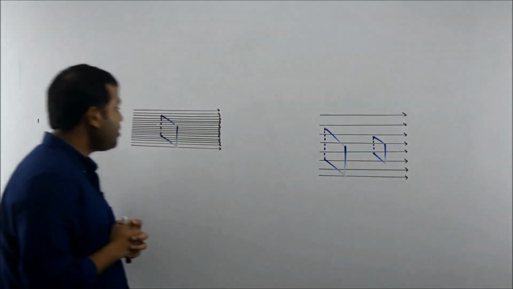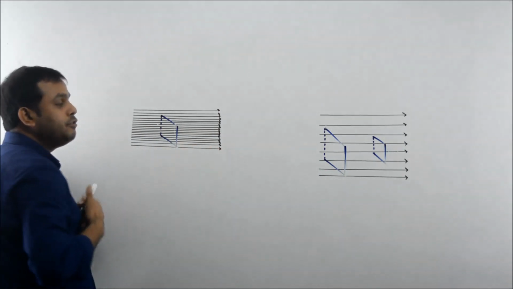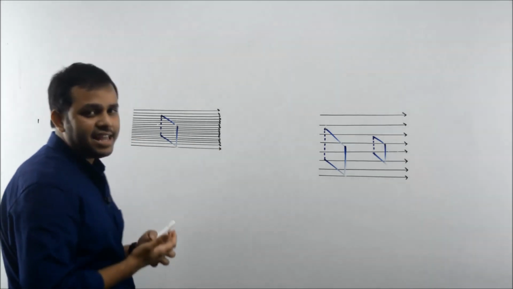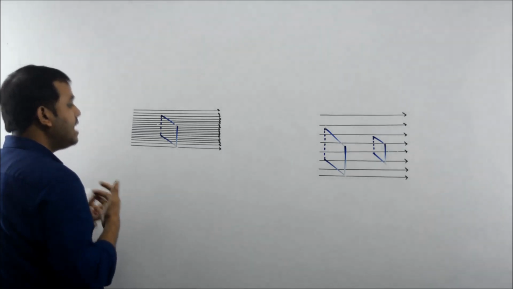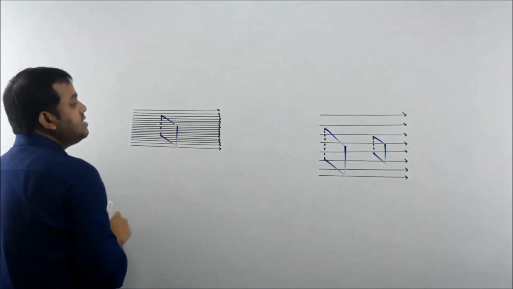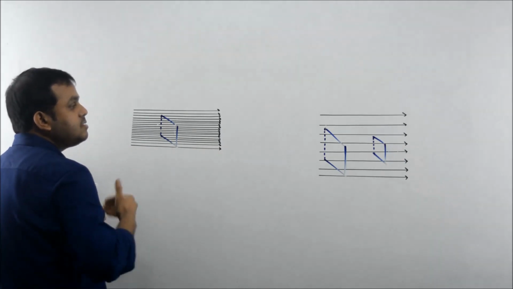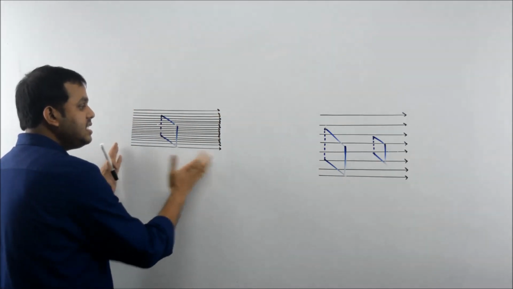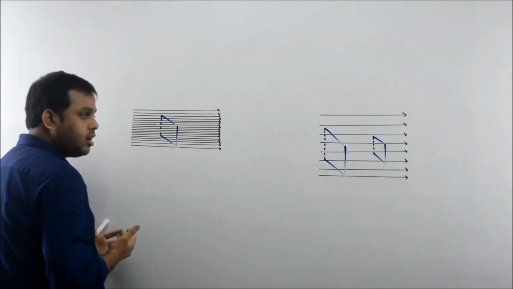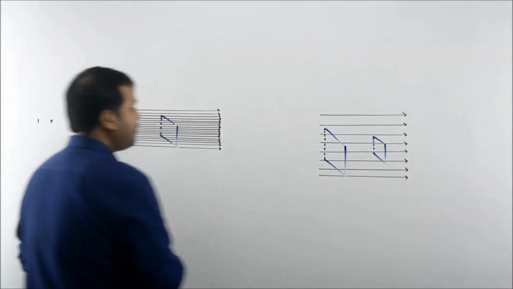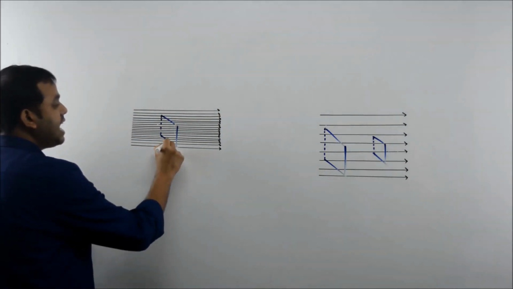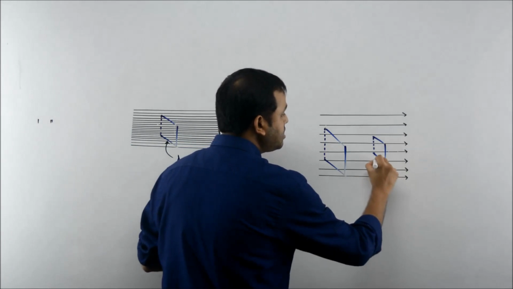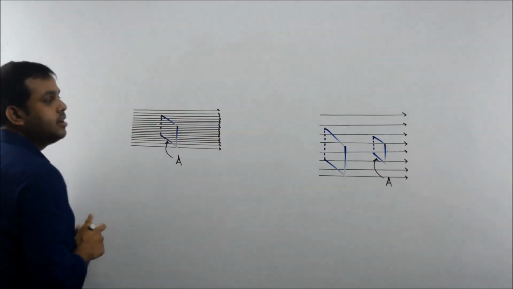Now again, I have taken a region of uniform electric field. Now you can see that the electric field lines are very dense. That means I am considering this electric field is much stronger in comparison with this electric field. Now let us consider that the area of this surface is A and area of this surface is again A. Clear?